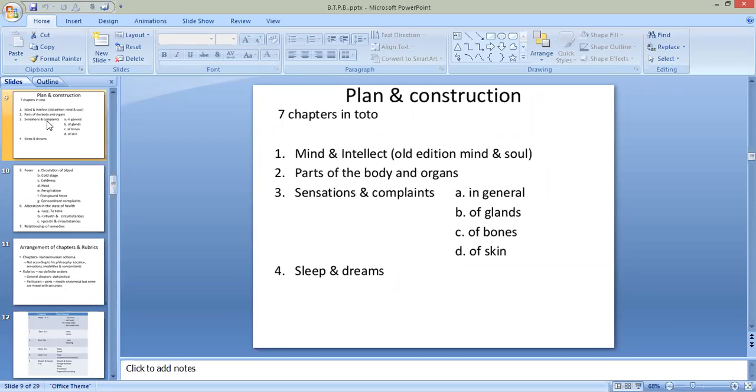He removed 4 remedies from the previous work and added 220 new remedies. So now the edition which we are using, that is Allen's edition of BTPB, we have about 342 remedies to study.